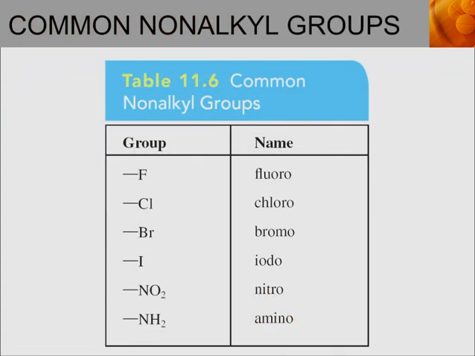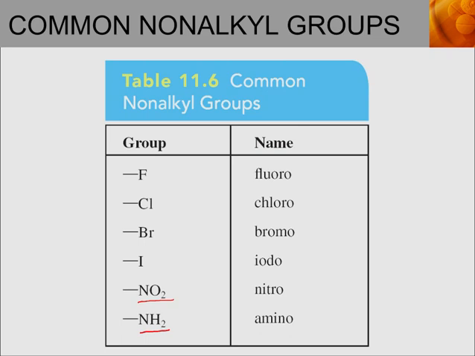All right, now what if you have a non-alkyl group that's bonded to your carbon chain? So this could be a fluorine, a chlorine, a bromine, an iodine, maybe an NO2 group, NH2. So these also have names.